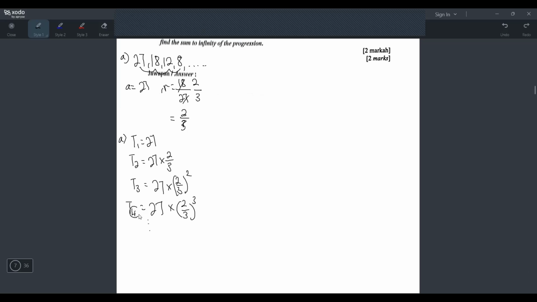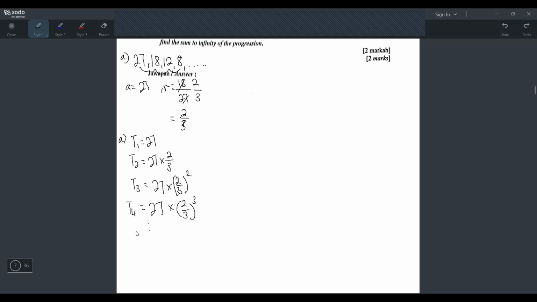When the n is 4, you have to multiply 3 times. When the n is 3, you multiply 2 times. When n is 2, you multiply 1 time. When the n is 1, you multiply 0 times. What does it mean? It means the power here is always n minus 1. Do you agree?